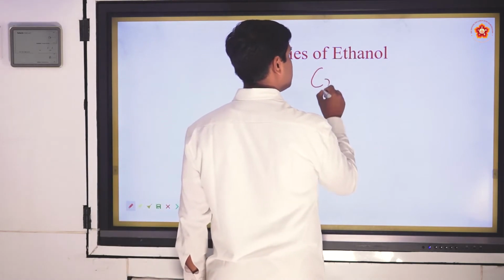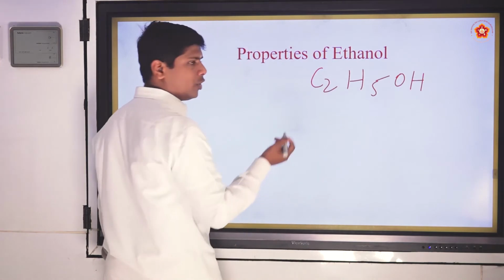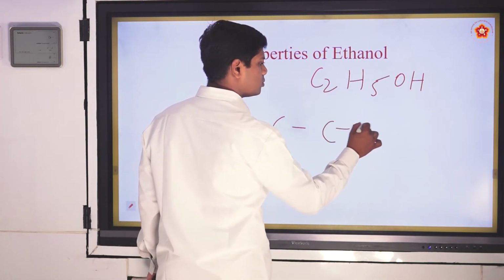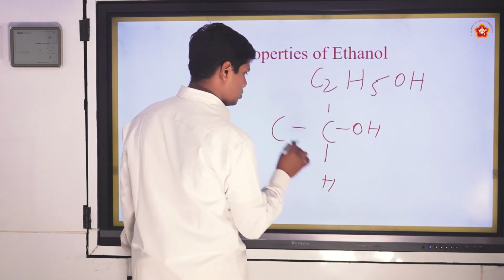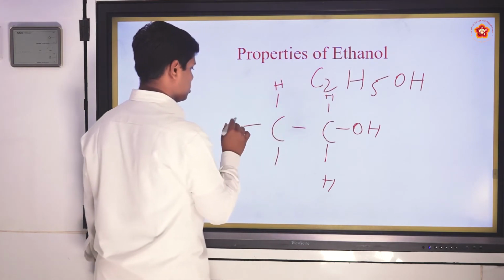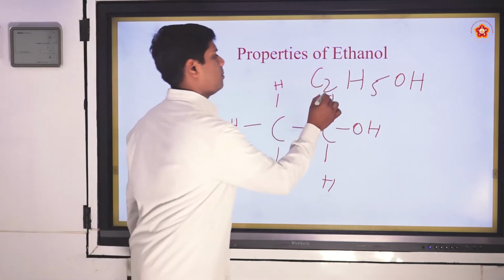Yes, good. How do you write this structure? This is the structure of ethanol.